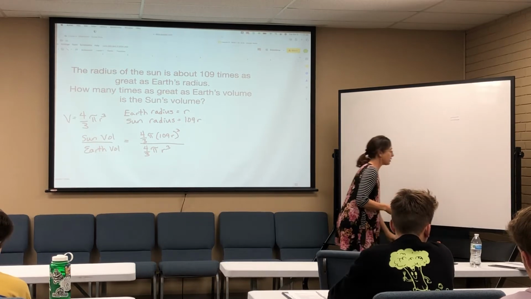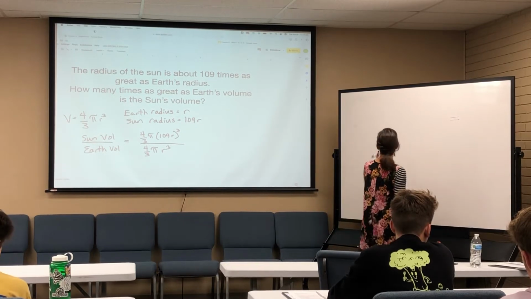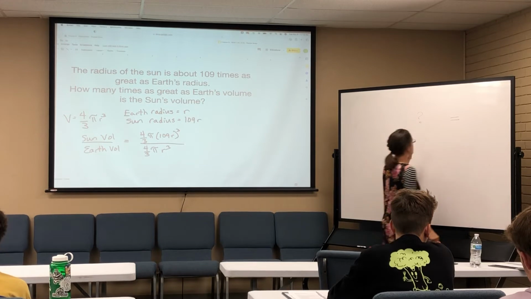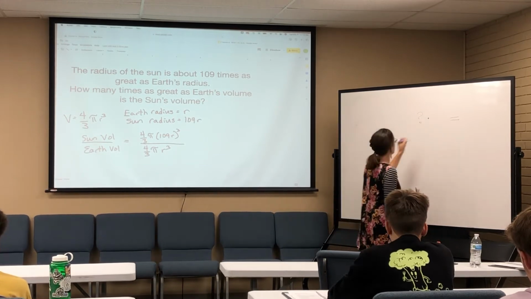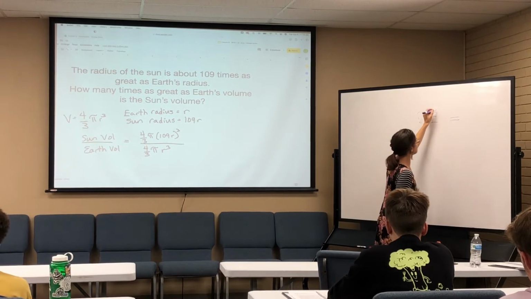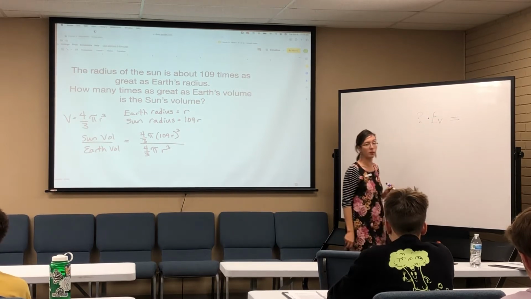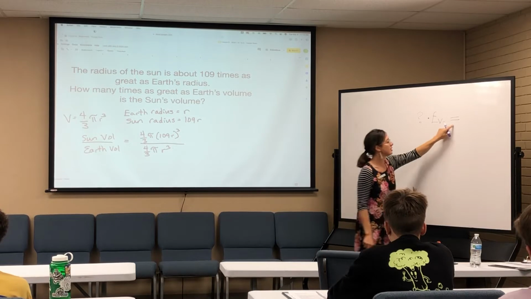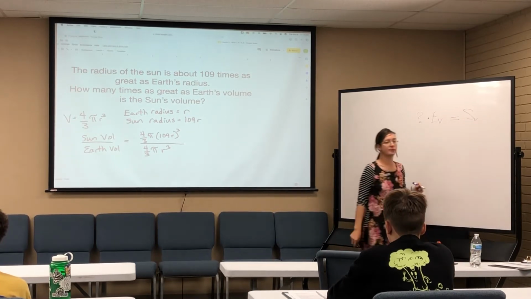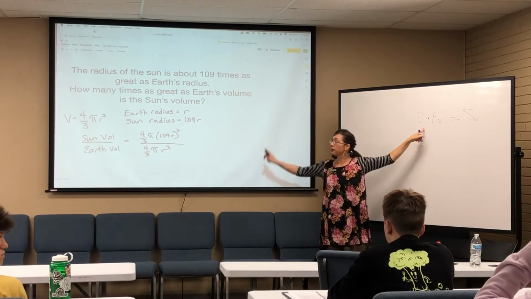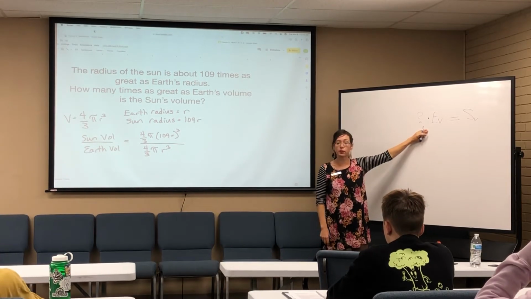I'm going to look back. What was it before? How many times as great as the Earth's volume? So I'm going to say Earth's volume is the sun's volume. Okay, so now I've taken my word problem and I've written it into an equation.